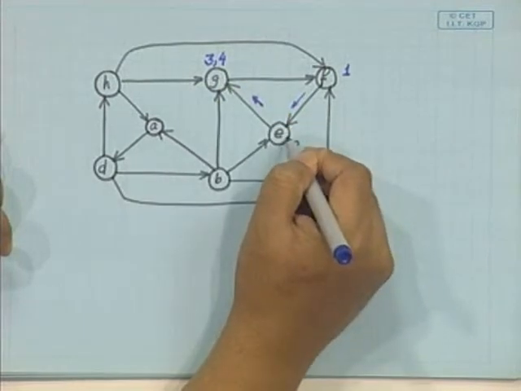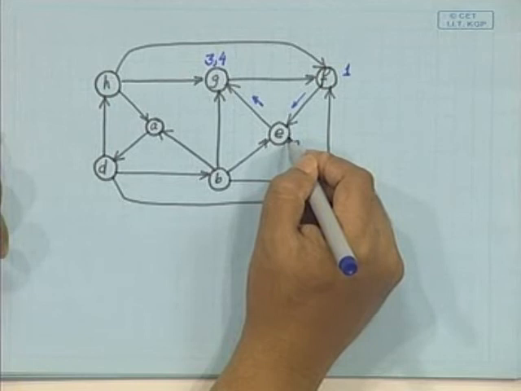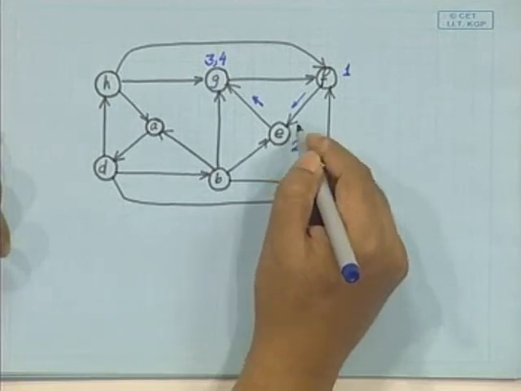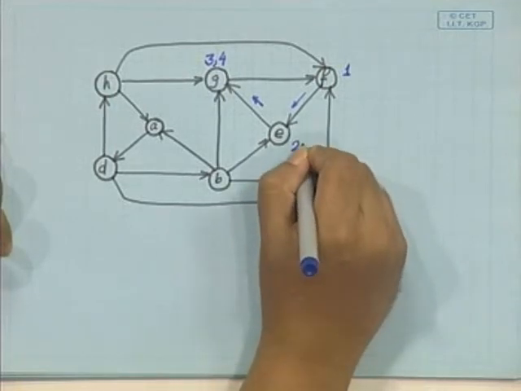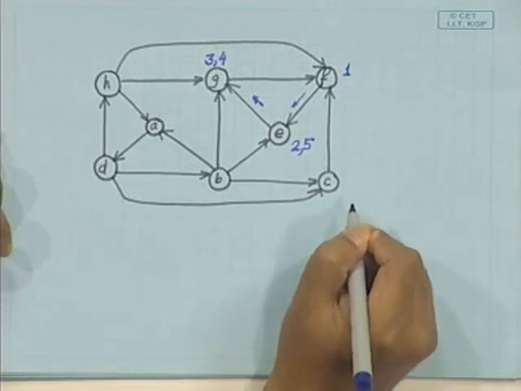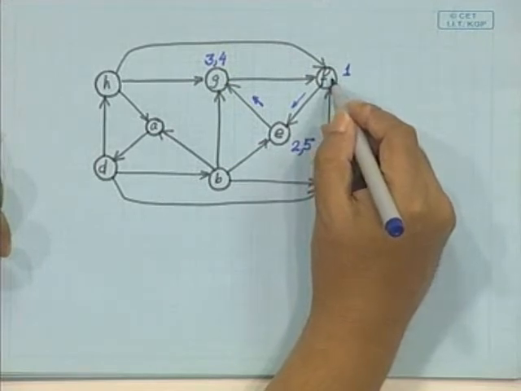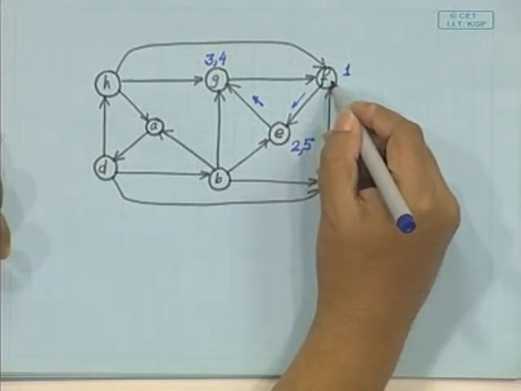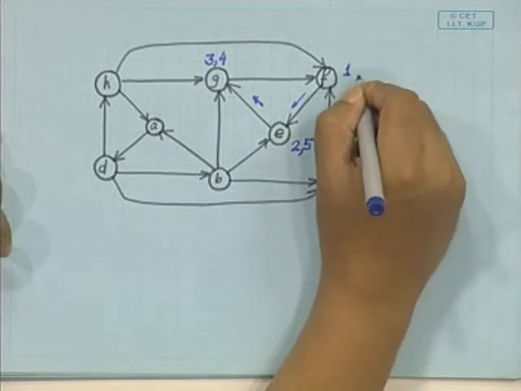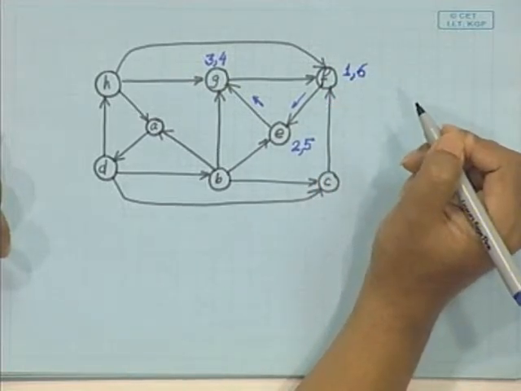Then we come back here. Is there any other place to go from here? No, no more outgoing edges. So this one will have exit number 5, right? Then we go back here. Any other place to go from here? No. So we put the exit number as 6, right?